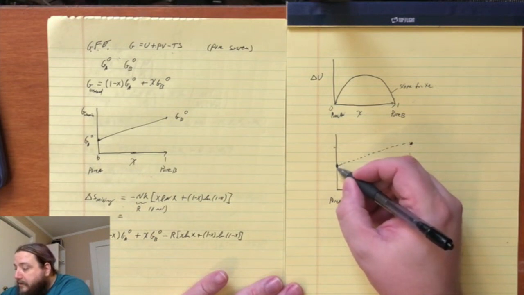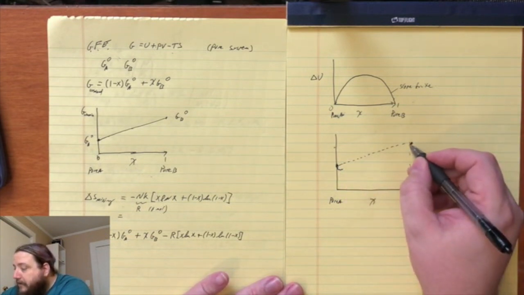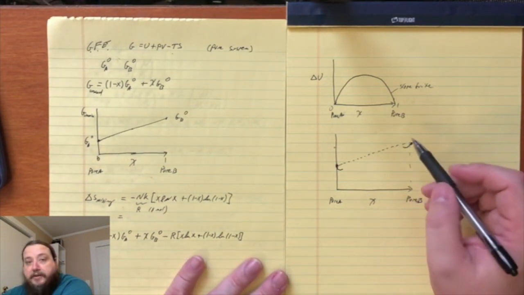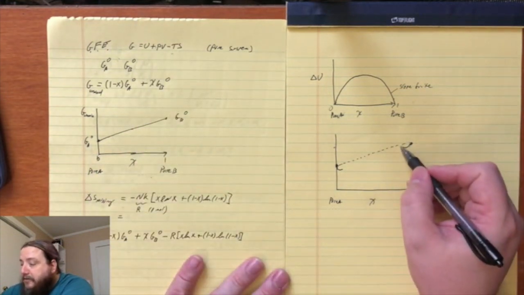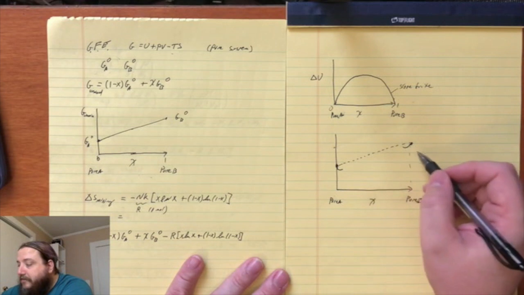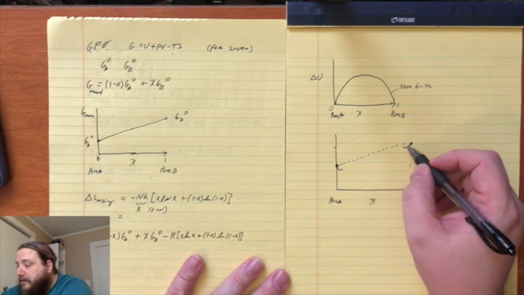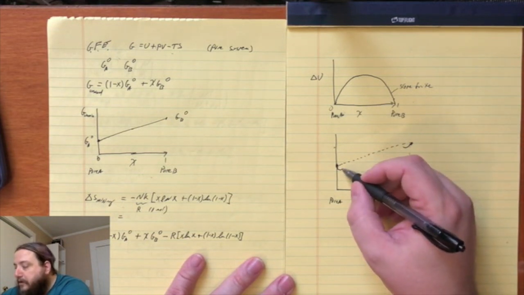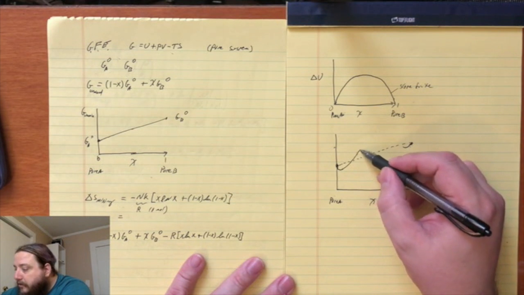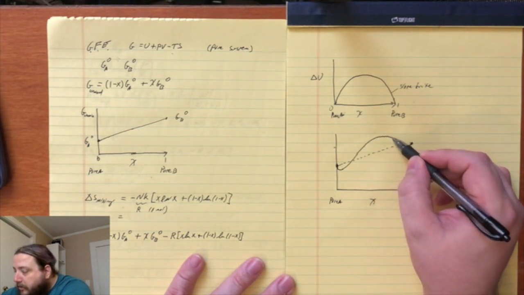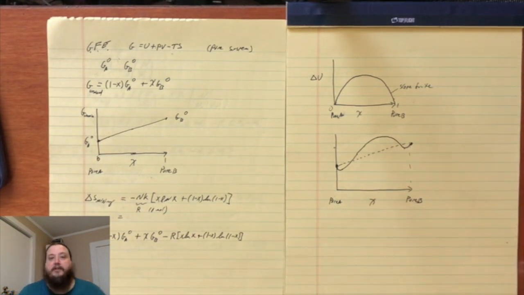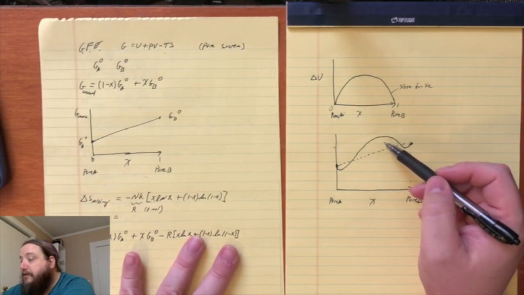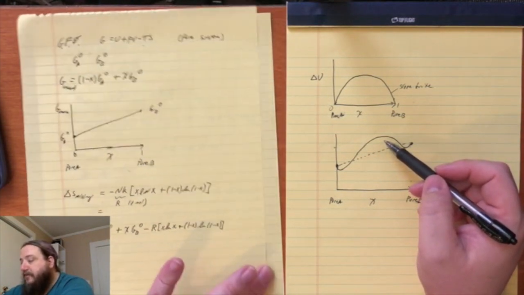There will be a little bit of a dip here at either end because that entropy term is very sharp, and if there is a non-zero temperature, then even just a little bit of temperature will generate some small amount of mixing if you have a small amount of impurity. But if you have somewhere in here, the change in the energy term is still dominating over the change in the entropy term.